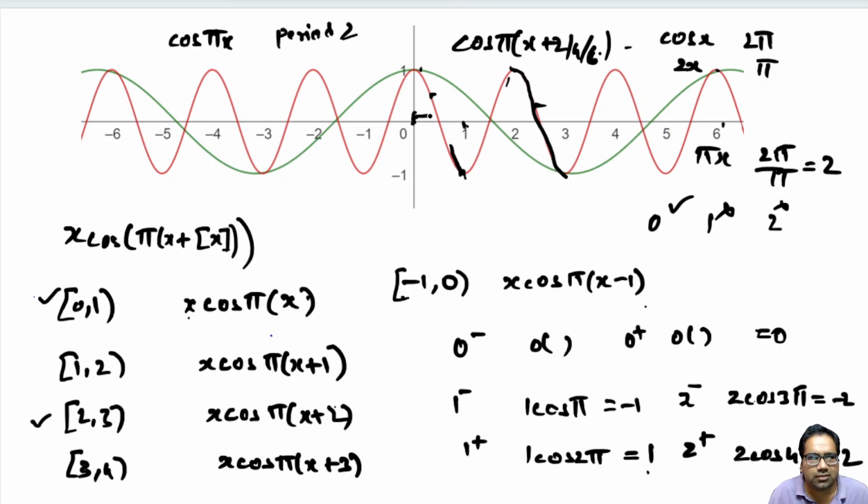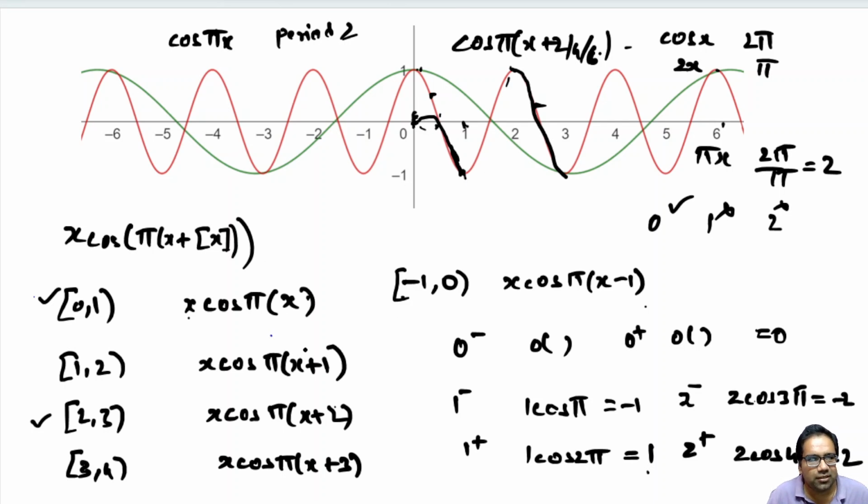X is also slowly increasing, and we are starting with 0 into 1. Then again 0.1 into 0.9 or something. Likewise, again here 0 into 0. Here 0 into 0.5, whatever. So this graph will look something like this.